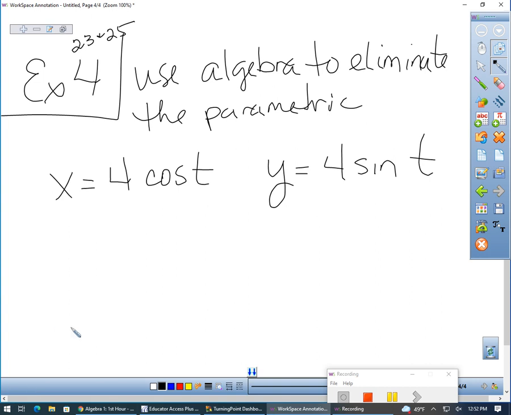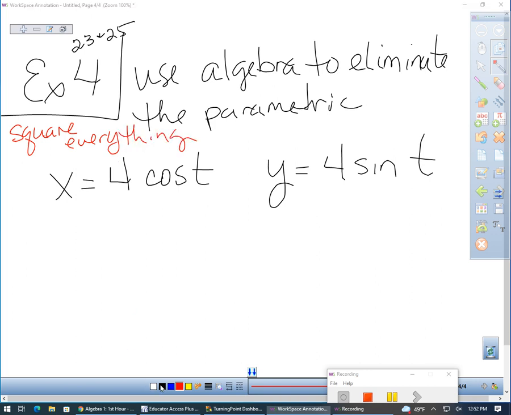All right, so when you get one like this, the first thing I'm going to ask you to do, step number 1, I'm going to ask you to square everything. All right? So my very first step, I'm going to start over here. I've got x squared equals 16 cosine squared t.